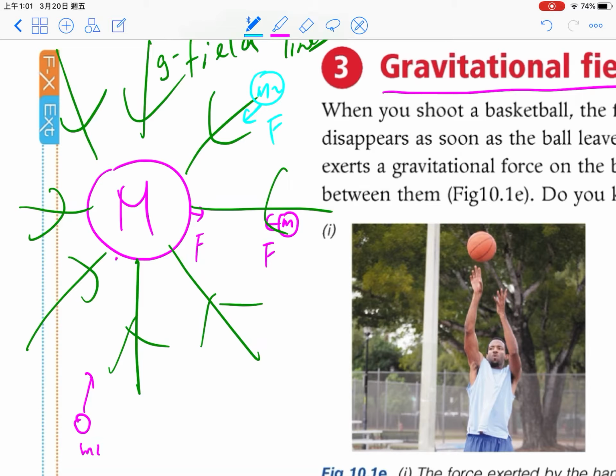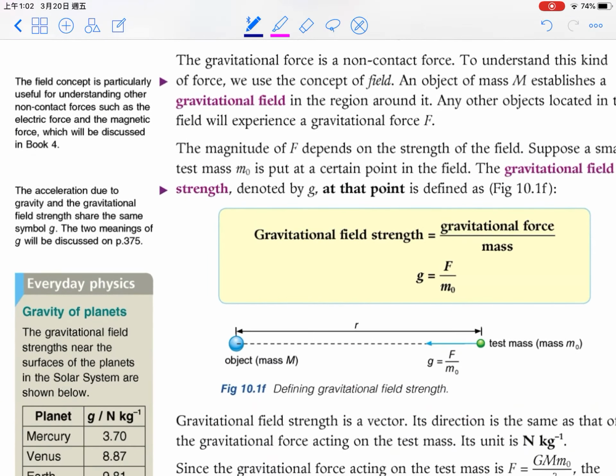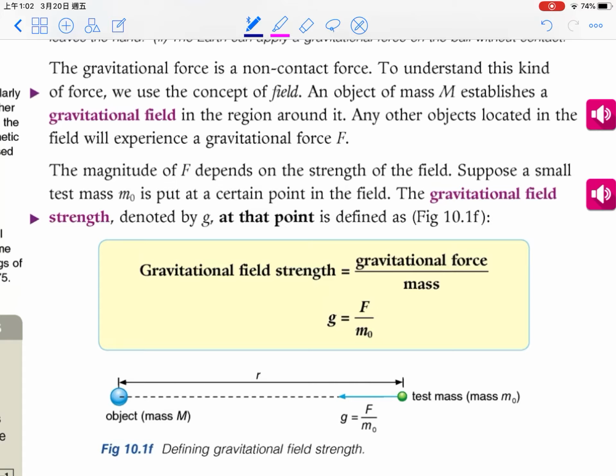We can use the equation to calculate the value of the gravitational field. That is what we have learned in the beginning part of this chapter. g equal to GM over r squared. The strength of the gravitational field is called gravitational field strength. It's defined as gravitational force per mass.